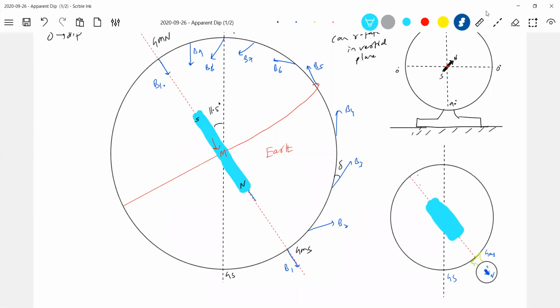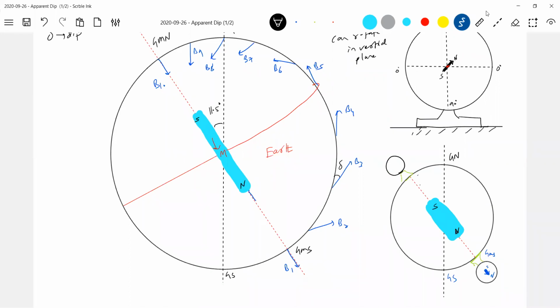This is our magnet. Geomagnetic north, geographic north. Now, if I keep this dip circle here, how will it align?